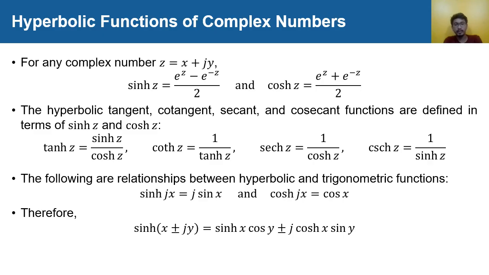We have sinh of x plus or minus jy is equal to sinh x cos y plus or minus j cosh x sin y. And cosh of x plus or minus jy is equal to cosh x cos y plus or minus j sinh x sin y.